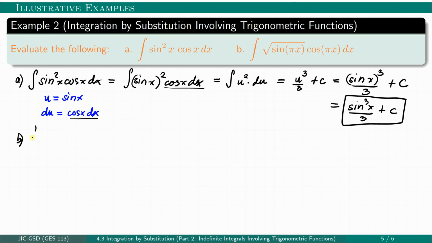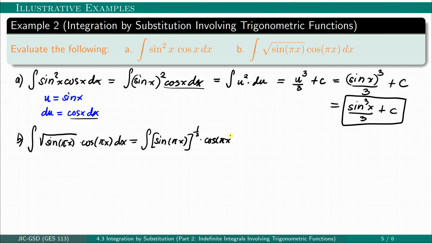For letter B, we have the integral of the square root of sine of pi x times cosine of pi x dx. We can actually rewrite this as sine pi x raised to 1/2 times cosine pi x. This is almost similar to the first case. So we will let u be sine pi x.